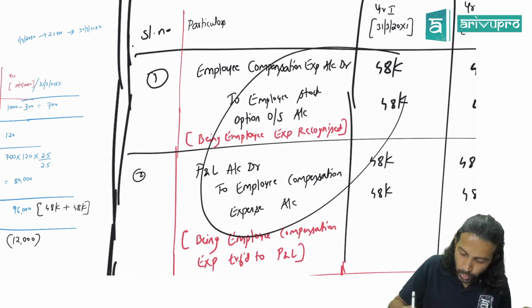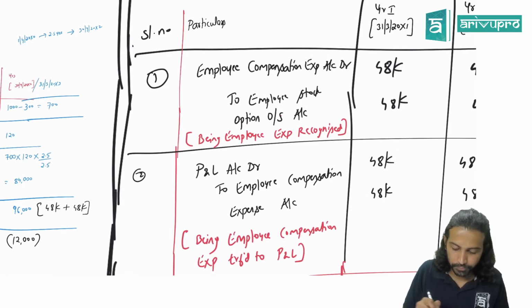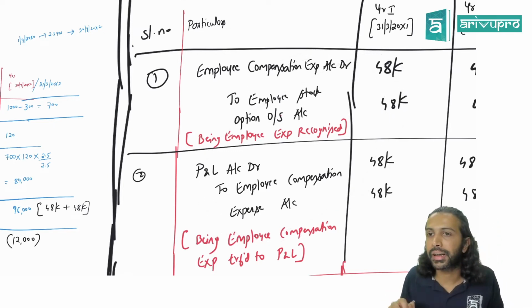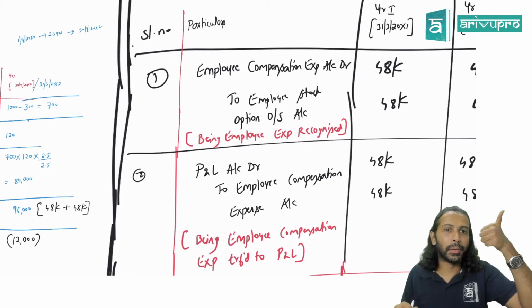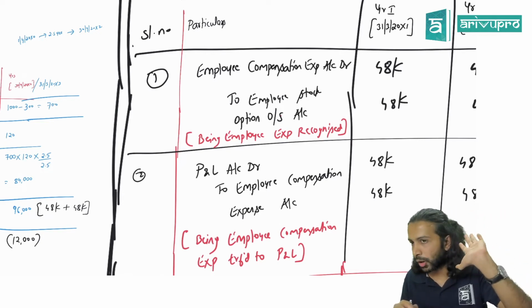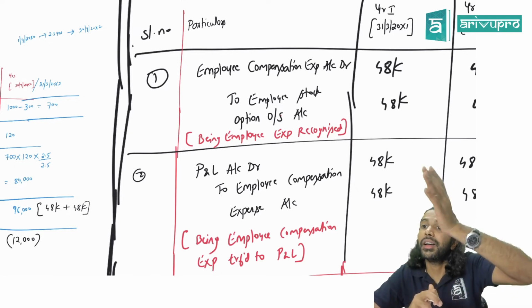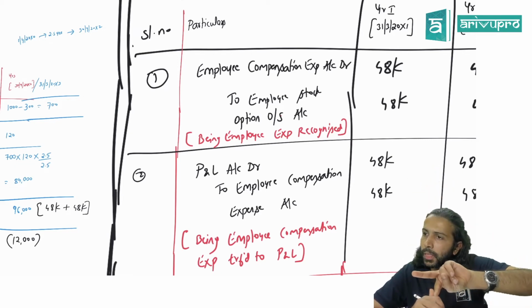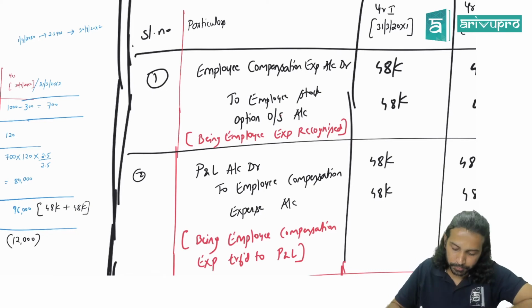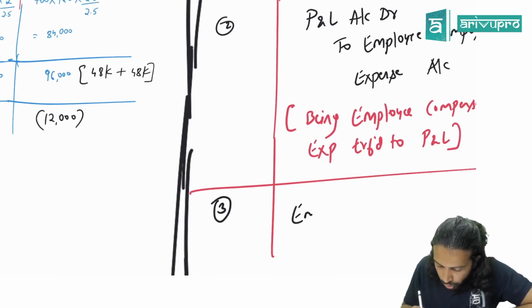So if you add these two entries, what are you getting effectively? P&L account debit to employee stock option outstanding. Yes, that is the entry for recognizing the expense. Reversal will be the opposite. That means what it will be? Don't write, hang on.